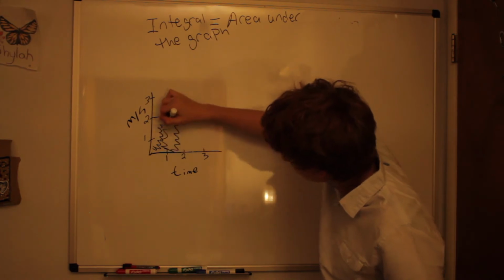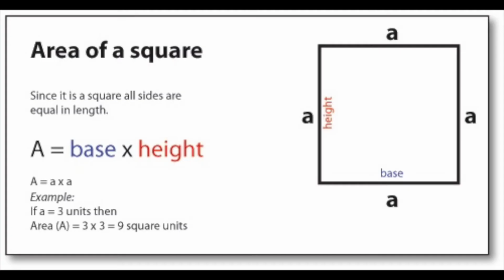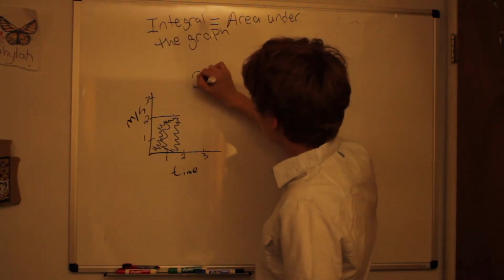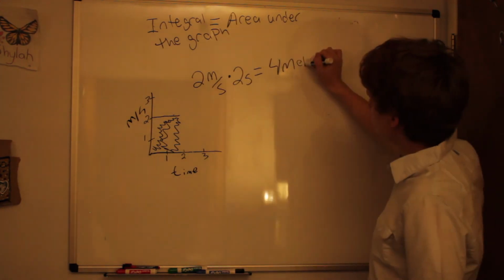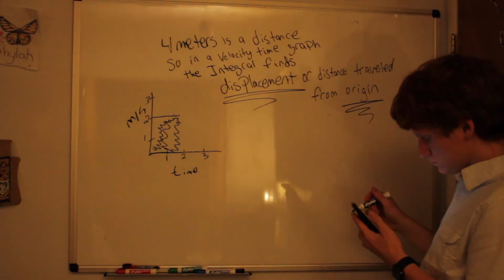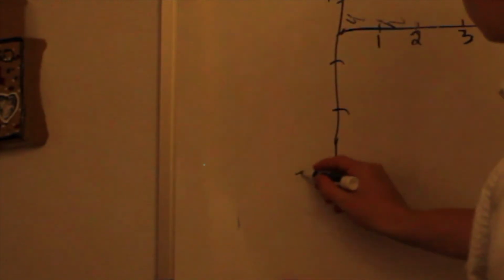So that's how you can think about it: you multiply both units that are on your graph. So 2 meters per second times 2 seconds. The seconds will cancel out, and that leaves you with 4 meters. Now 4 meters is a distance, and this shows the displacement just from the origin though.